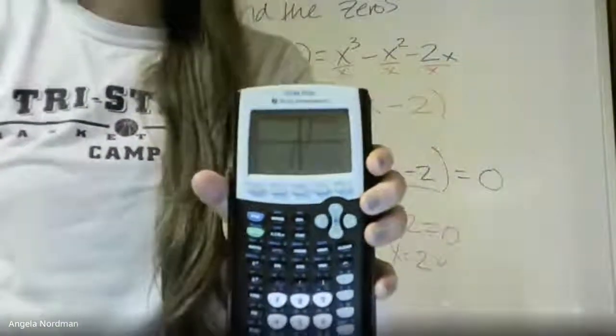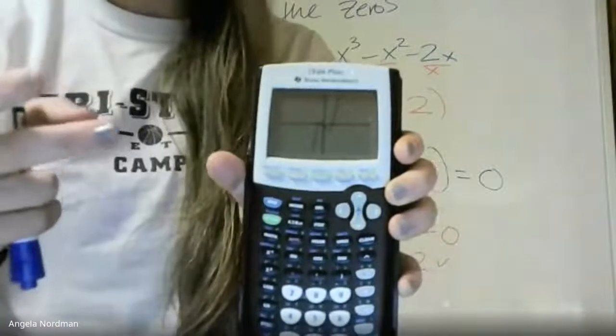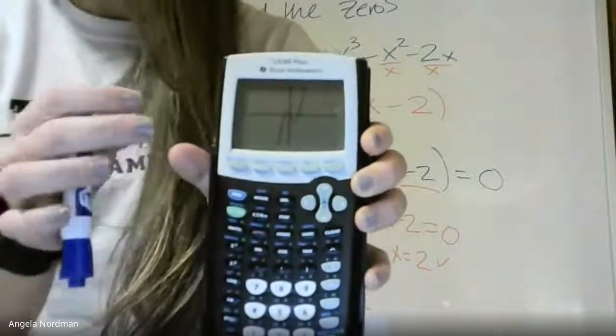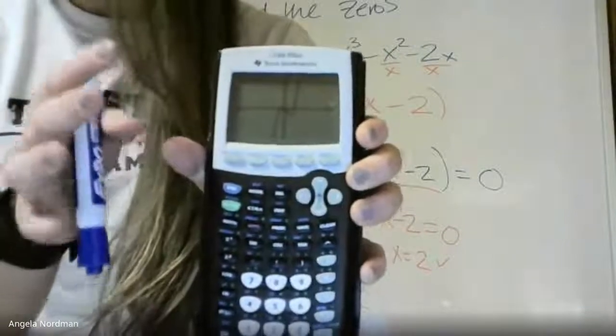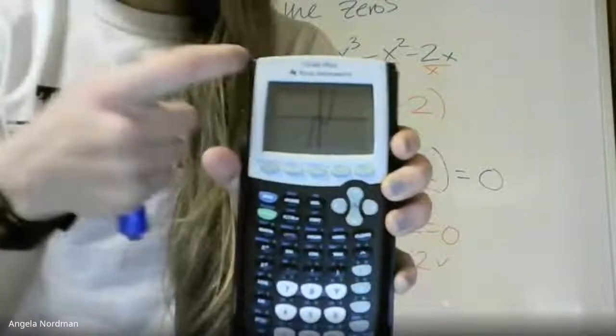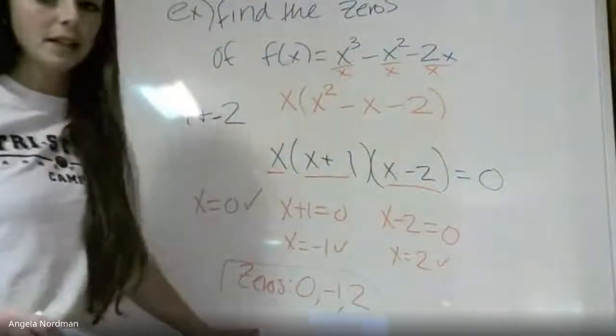So this is what we're saying. A 0 is a solution. It's a factor. It's an x-intercept. 0, solution, factor, and x-intercept. Okay, so looking at my graph, I can see them. When I factor and solve, I can see them, right?